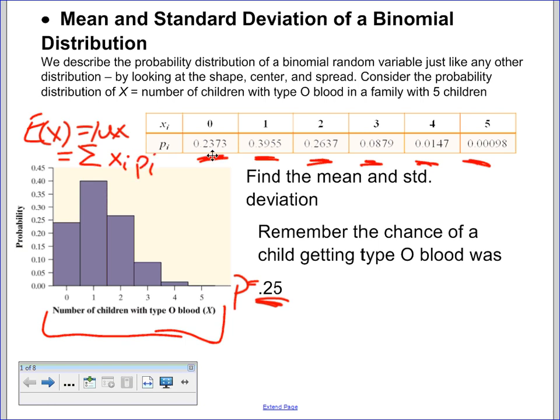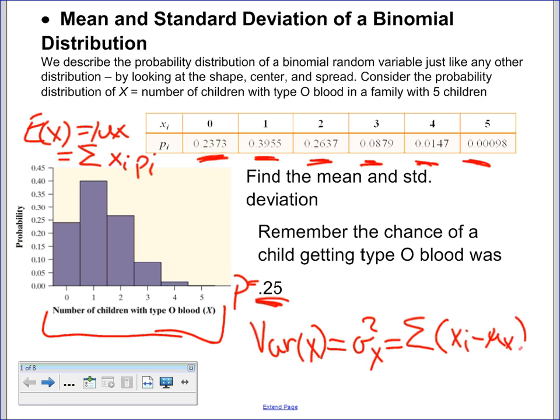And we could also find the variance using the formula: remember that the variance is the sum of x sub i minus mu sub x, times p sub i.